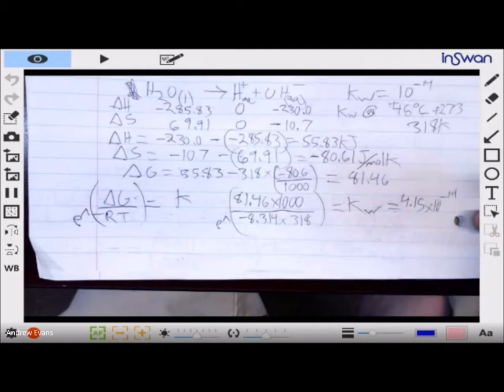Now, this is maybe not the best problem, but essentially this looks at how our value has changed if one of our values in the Q expression has been changed.